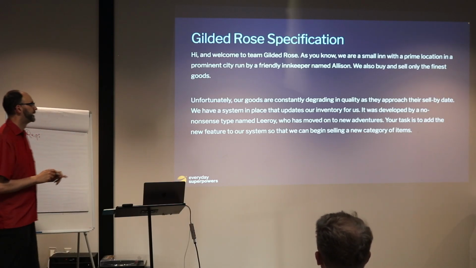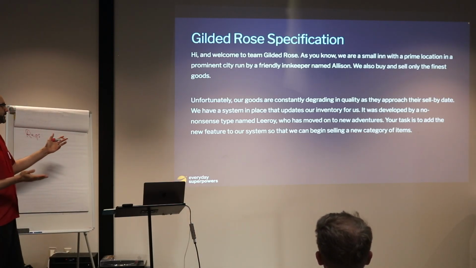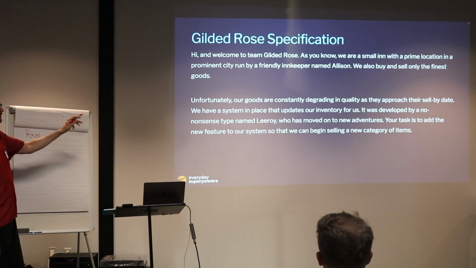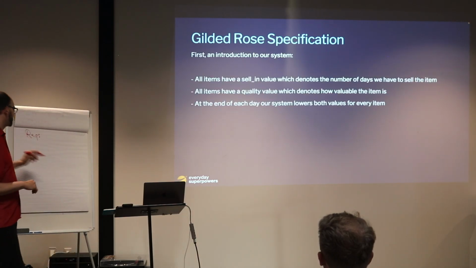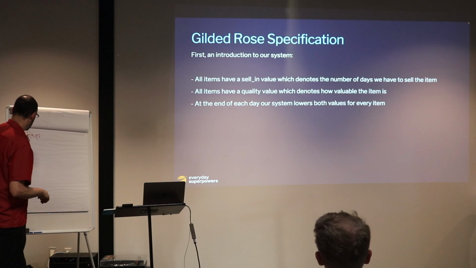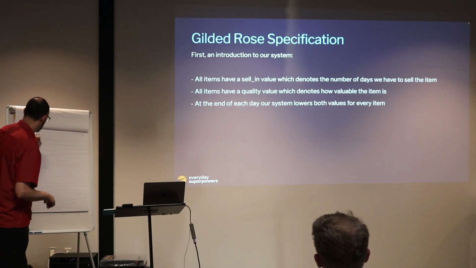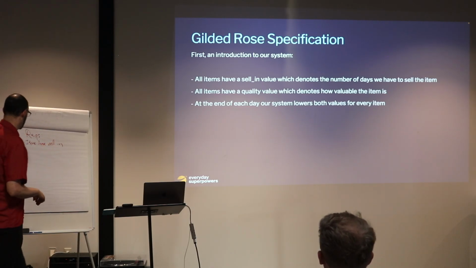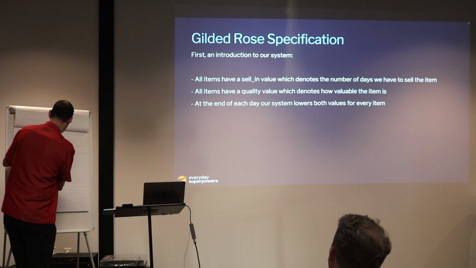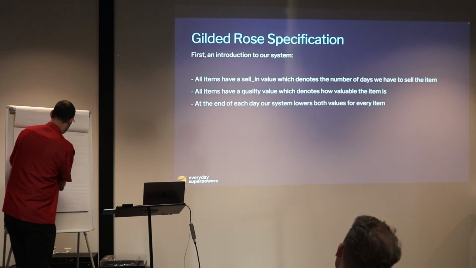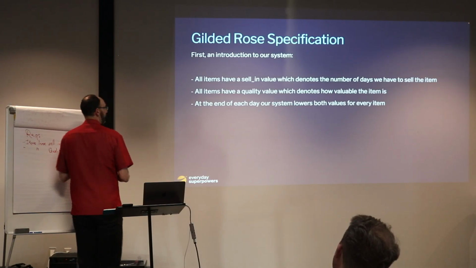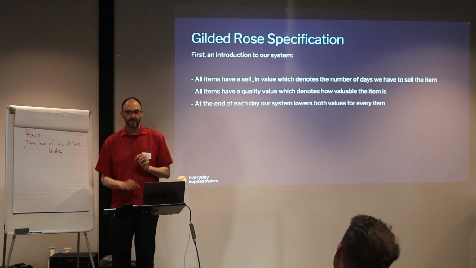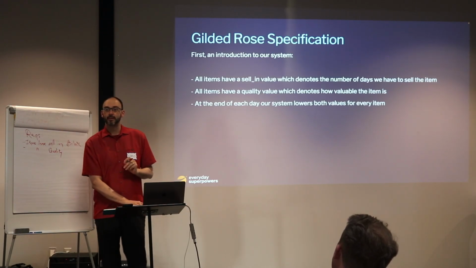All right, so what have we got? I'll start off: we have items. Items have a sell date. What else do we have? They have a quality value. They have a shift in value.